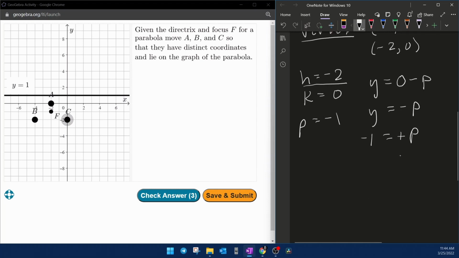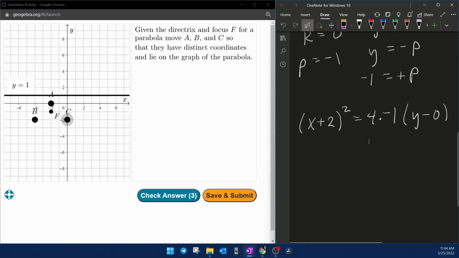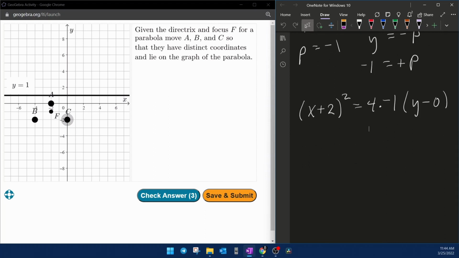So that will be (x minus h, minus a negative makes that a +2) squared equals 4p(y minus k). And then let's simplify. That's going to be (x plus 2) quantity squared equals, on the other side, -4y. And then what I can do is pick values for y and solve for x.